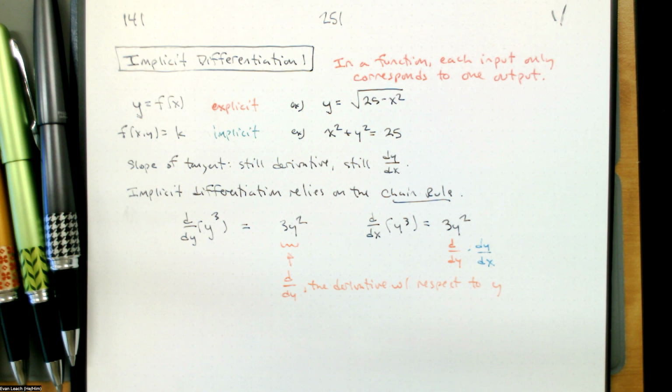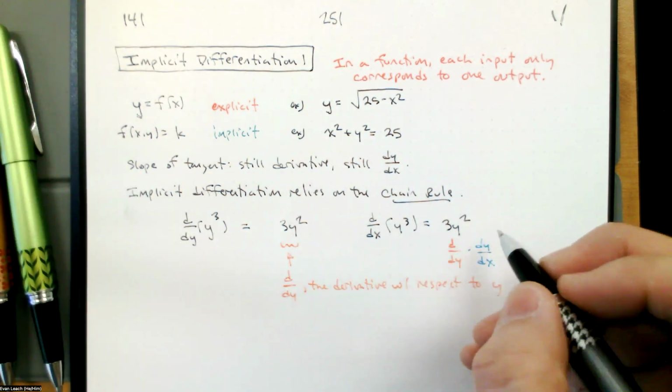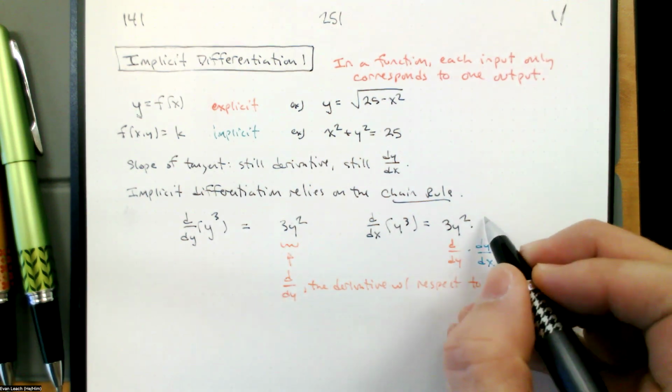If there were two things in the middle, the derivative with respect to w would be the derivative with respect to y times the derivative of y with respect to x times the derivative of x with respect to w. If there were three things in the middle, I don't want to say it. So instead of just writing 3y squared, we say times dy dx.